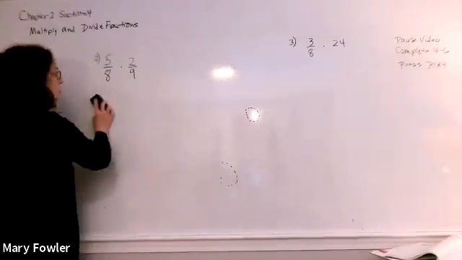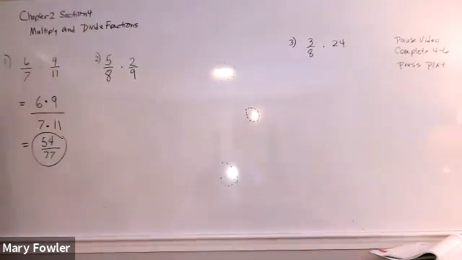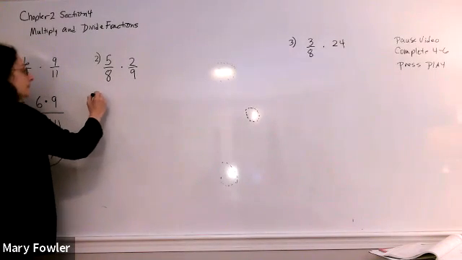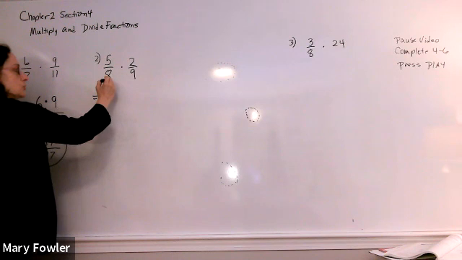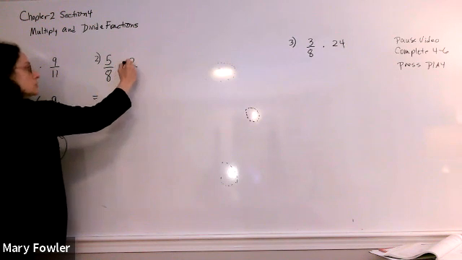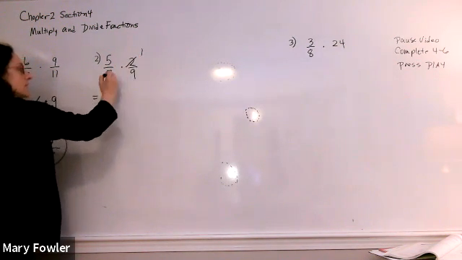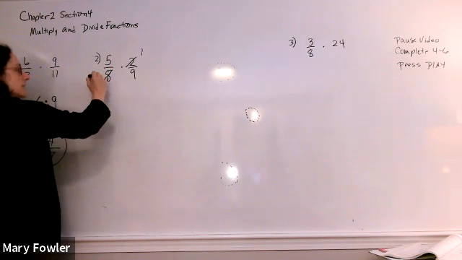Method 2 is you reduce before you multiply. So I see that there's a 2 here, and there's an 8 here, and 8 is 2 times 2 times 2. So 2 goes into 2 1 time, and 2 goes into 8 4 times.